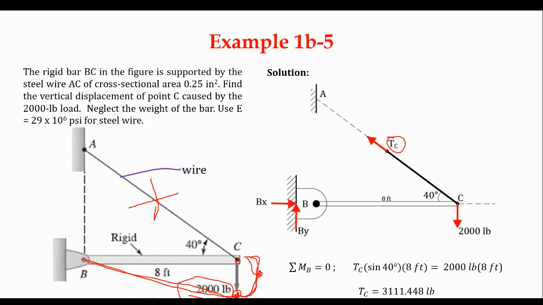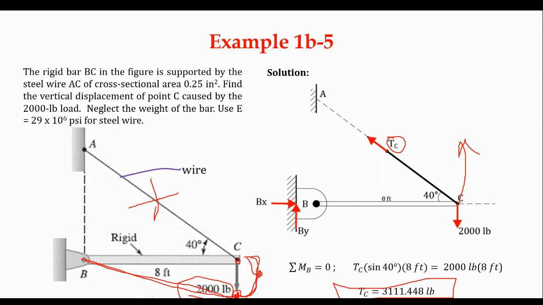Since TC is inclined, we get the vertical component: TC sine 40 times 8 equals 2,000 times 8. So the tension of the wire is 3,111.448.